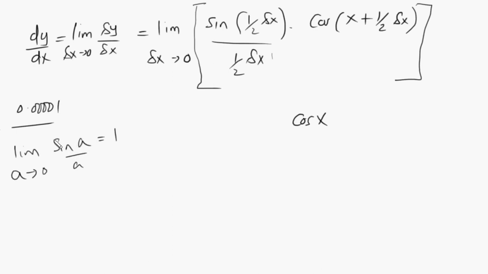Sasa nikija kugawanya value ya hapa na hapa, jibu itakuja kuwa 1.00000 something au 0.99 something, itakuja kwenye moja. So the limit ya upande wa huku itakuwa ni ngapi? Ni moja. Sasa hii ndo dy/dx ambayo 1 times cos x is just cos x.